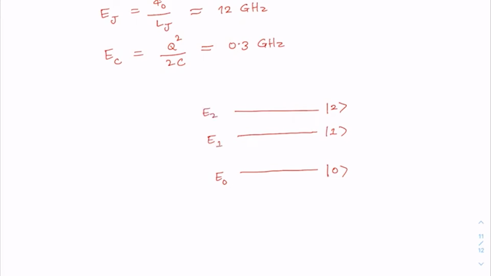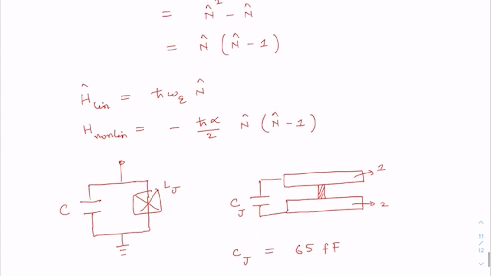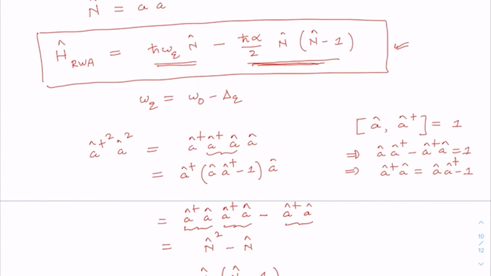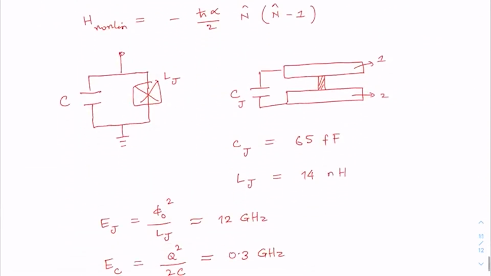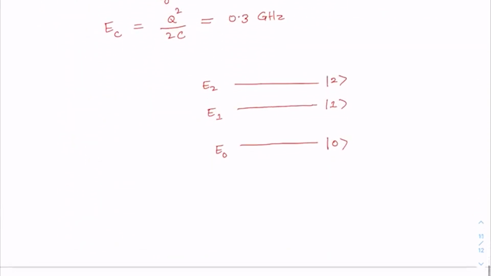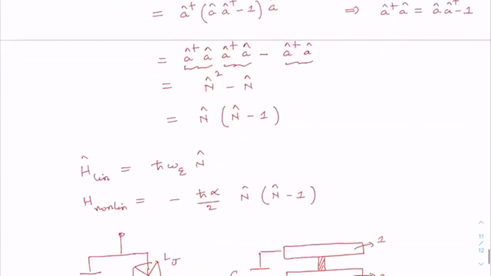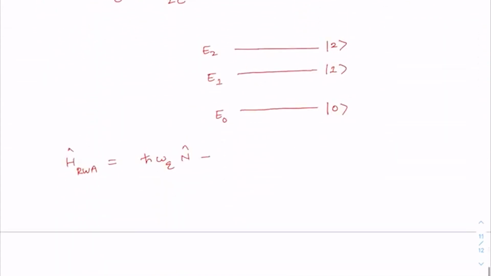Now from this Hamiltonian, okay, let me just utilize this. From here you can see that the energy, okay, let me write down the Hamiltonian once again here. The RWA Hamiltonian that we have here is h cross omega q n minus h cross alpha by 2 n into n minus 1.